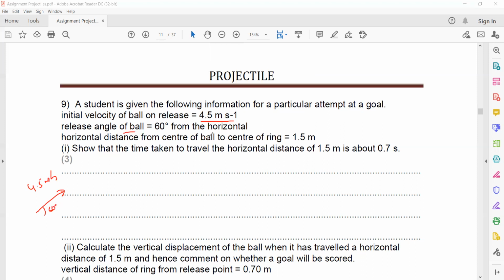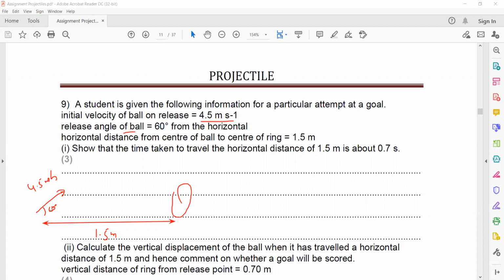The horizontal distance from the center of the ball to the center of the ring, so there's a ring through which he is passing, is 1.5. Show that the time taken to travel the horizontal distance of 1.5 is about 0.67.